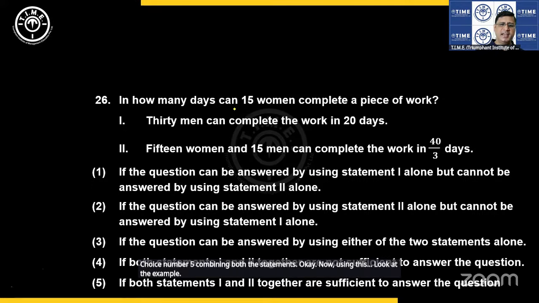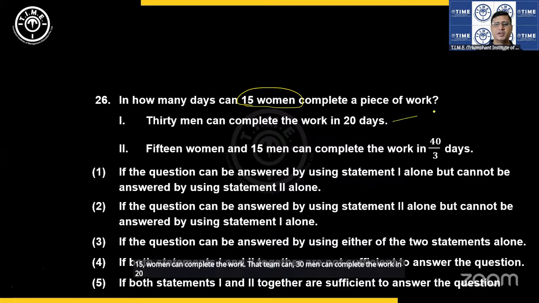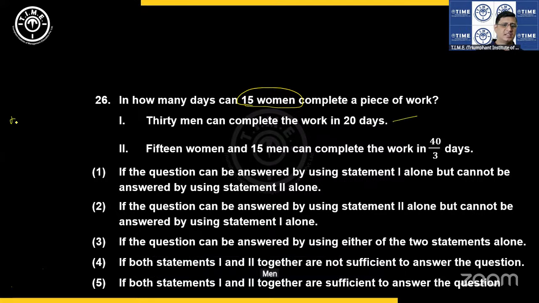In how many days can 15 men complete the work? Statement 1: 15 women can complete the work, 30 men can complete the work in 20 days. Men's capacity is given here, but the question is asking about women. So the first one is insufficient.